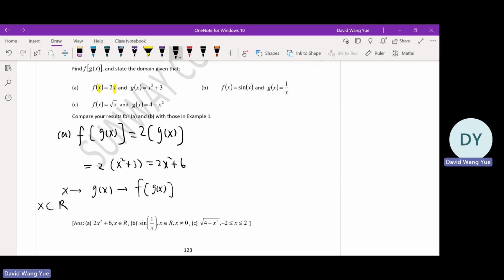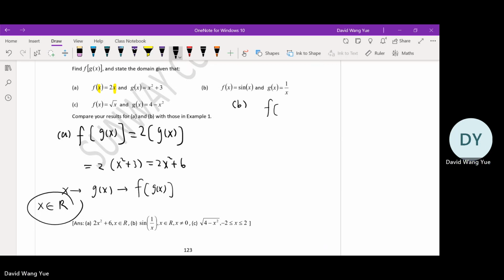So no matter what x is, negative, positive, 0, x substituted into g always gives a value, and whatever value g takes, substituted into f also gives a value. That's why the domain for A is any real number. Usually for linear and quadratic functions, the domain is any real number.